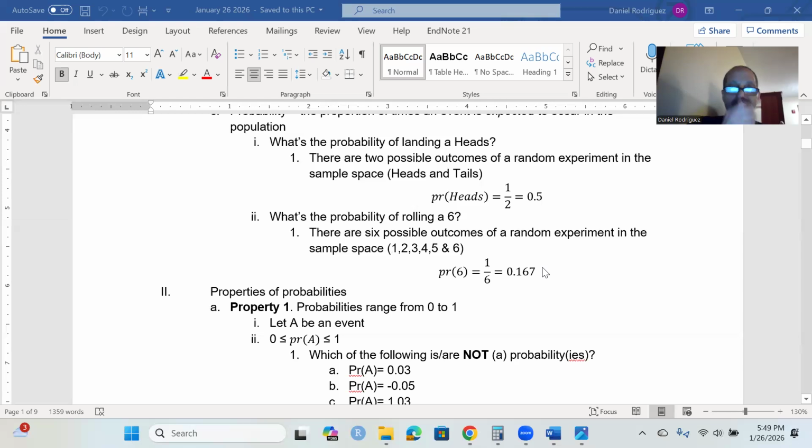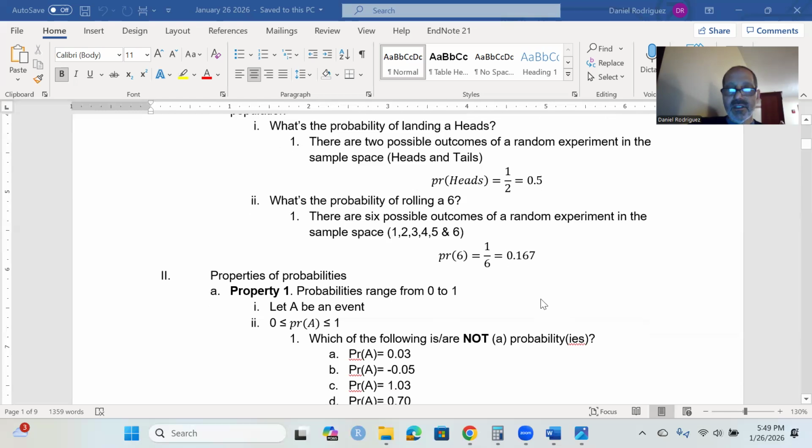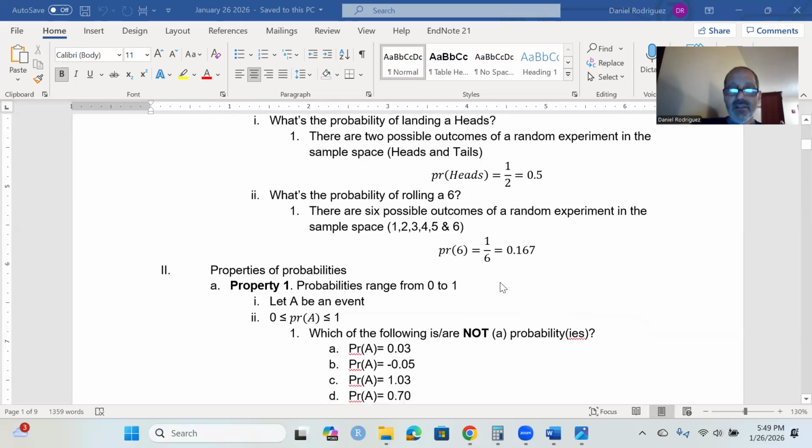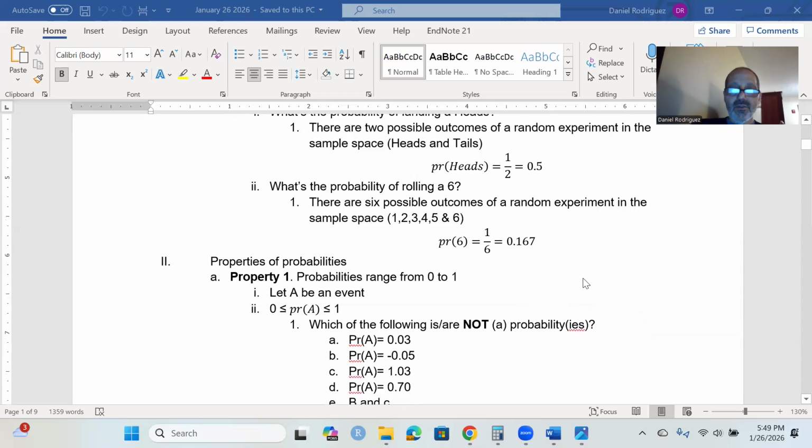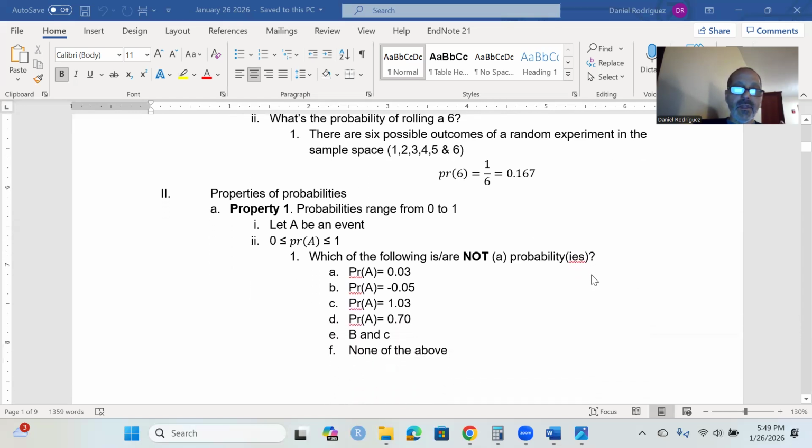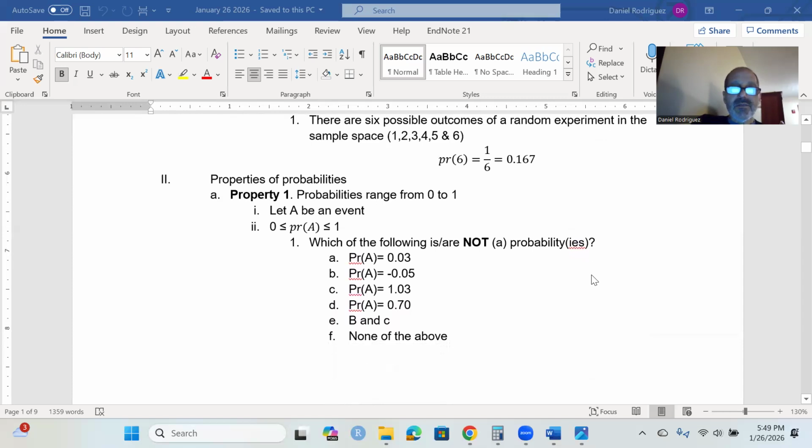There are six possible outcomes to a random experiment in this case. So the probability of a six, and you'll see that I use PR for probability, and then in parentheses we have six. Probability of six is one of the six possible outcomes, 1/6, 0.167.